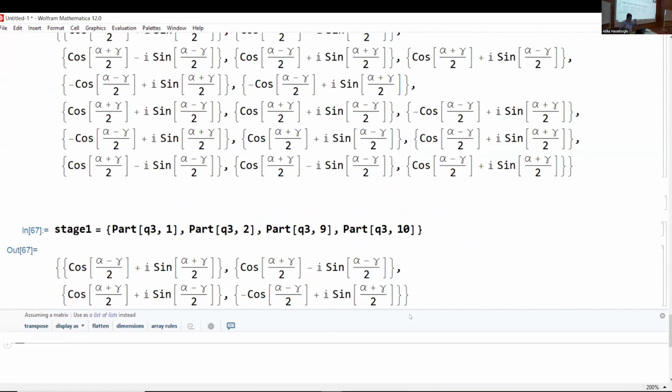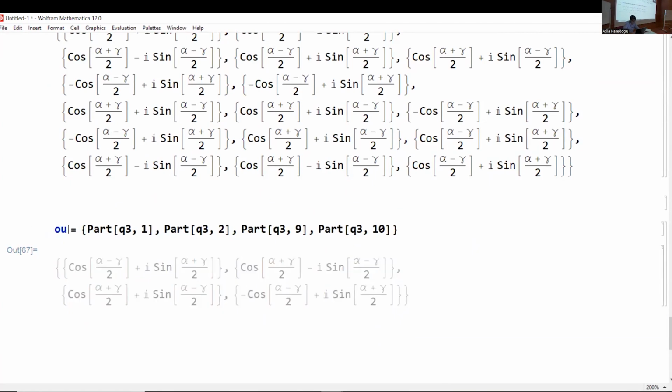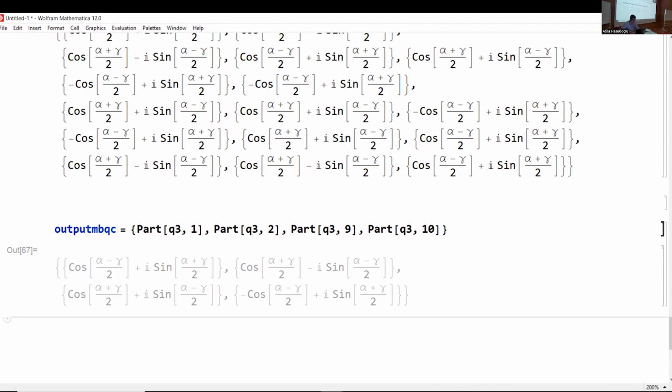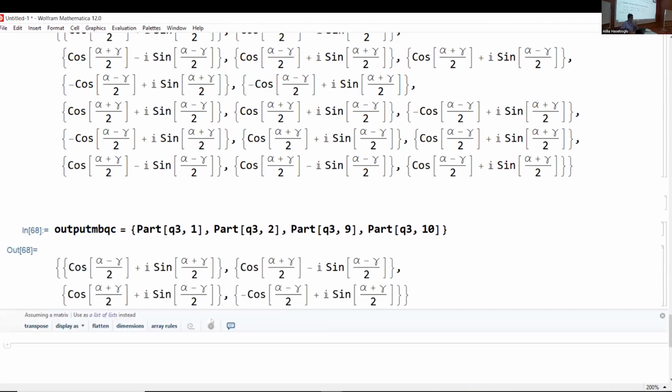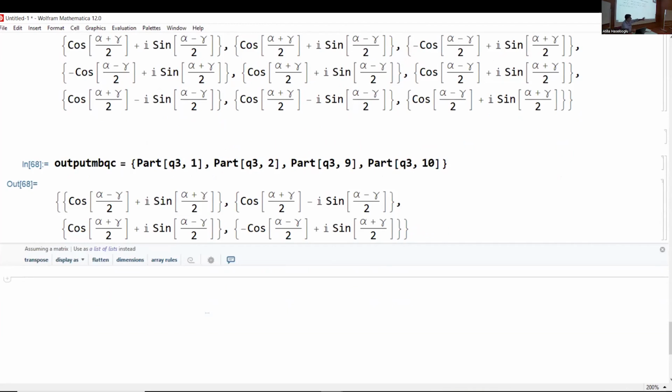Let's call this the output from MBQC. So just 2 measurements in the first stage, alpha and beta, automatically transform the 2 physical qubits.